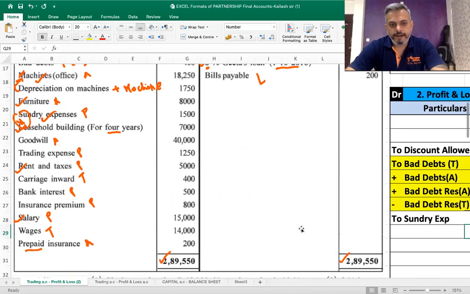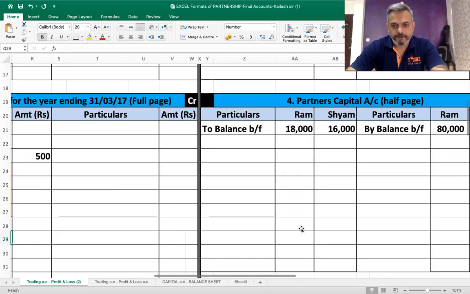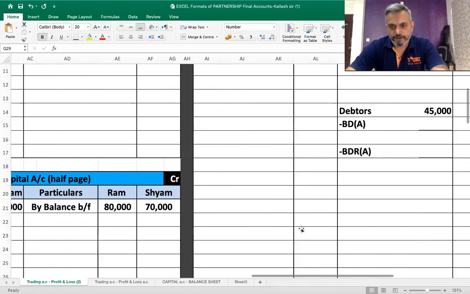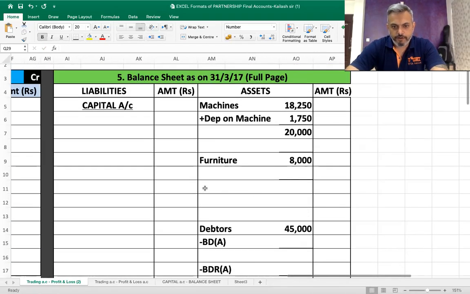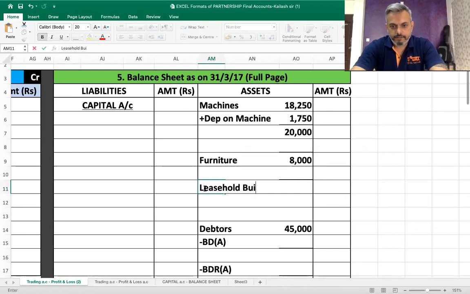Then leasehold building for 4 years 7,000, sorry. Leasehold building for 4 years. So leasehold building 7,000. Now it's a hidden adjustment. So let's do it over here. Minus. It is for 4.